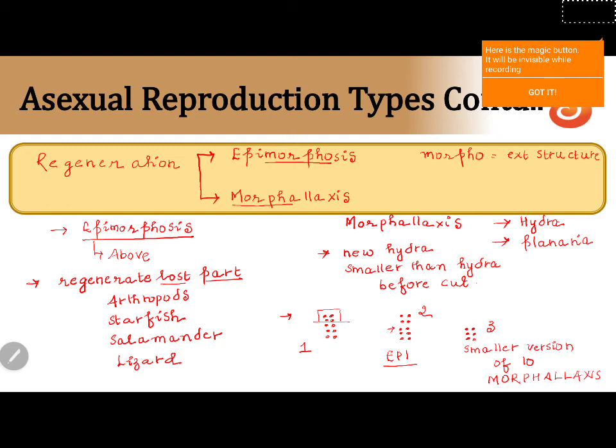So this is a much smaller version. But in case of epimorphosis, however many are lost, those many are restored. I hope you understood this. So regeneration of the lost part is epimorphosis, whereas the rest of the organism reorganizing with the cells it has to form a new organism is morphallaxis.